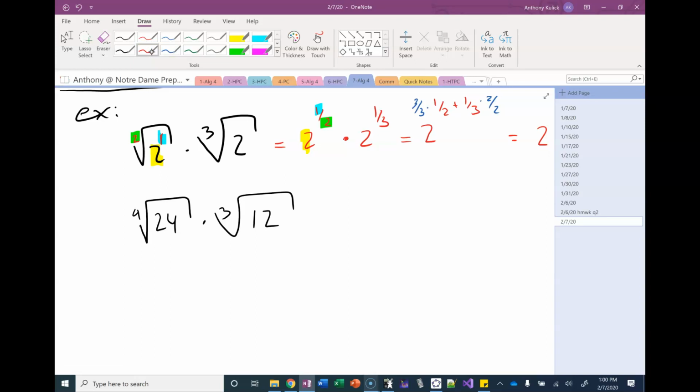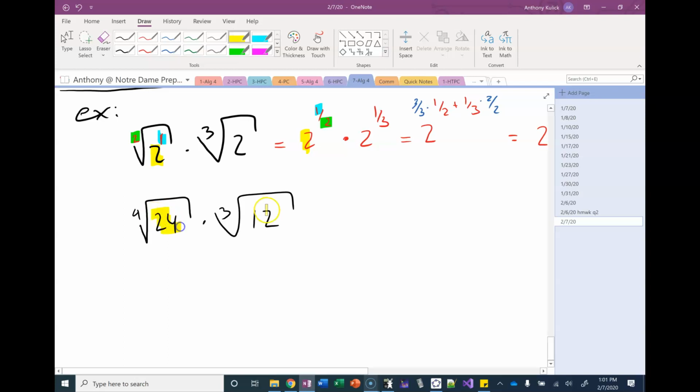Notice what's different about this problem than the previous problem. What's different between this problem and the previous problem, fundamentally? Excellent.